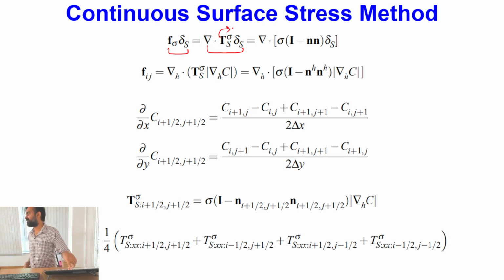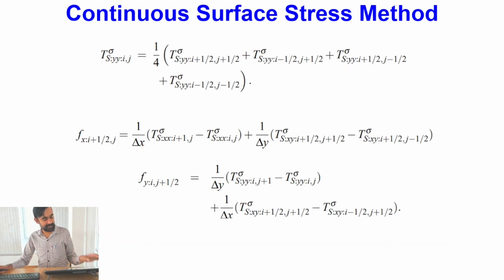So the surface tension tensor is the representation of the force in tensor notation. Is this point clear? And for this tensor, we again take help of the color function only, and we calculate this tensor at different points, and using the data of this tensor we calculate the value of force. So this type of method is called the continuous stress method.